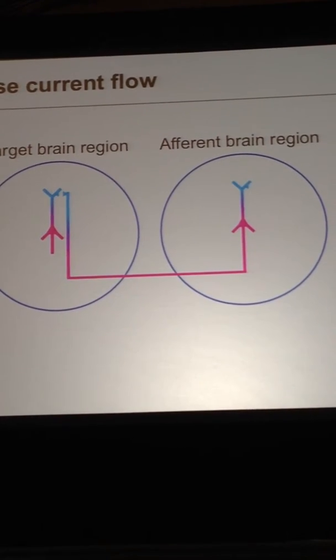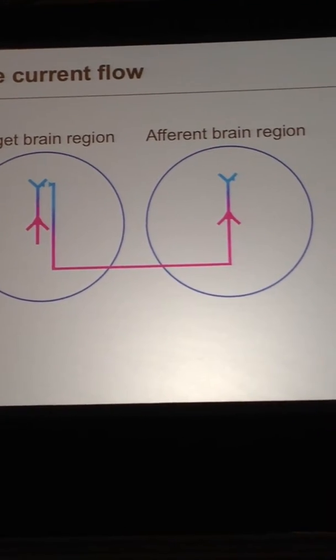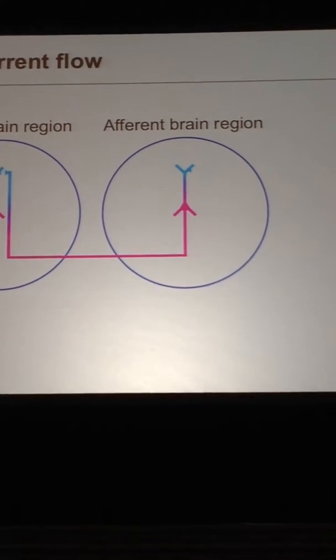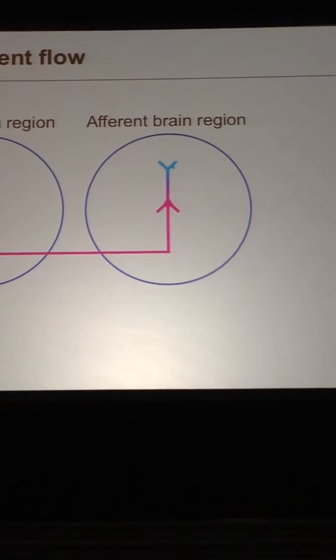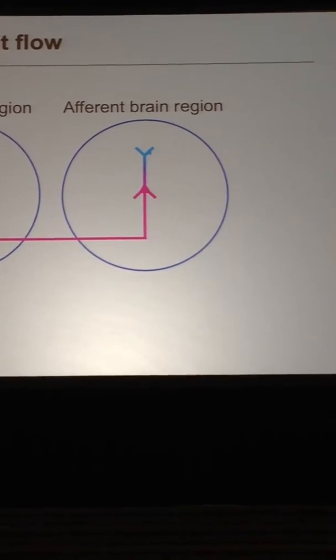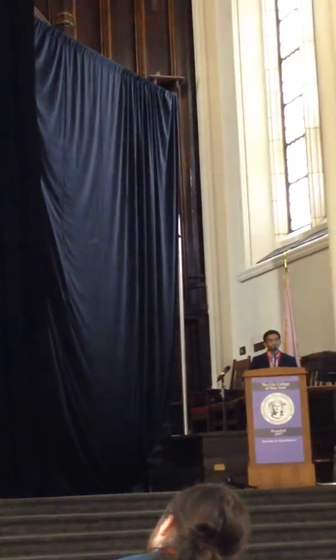And if tDCS were to induce diffuse current flow, so current flow that hits both the afferent brain regions, where these axons are originating from, and the target brain region, well, you might imagine that can drive the output from your target brain region.